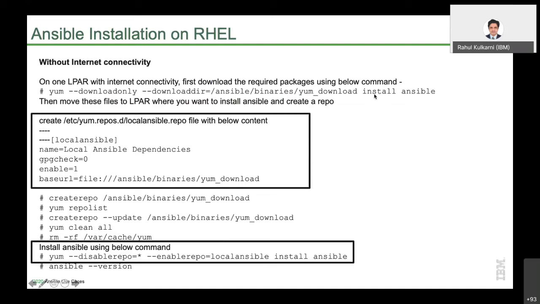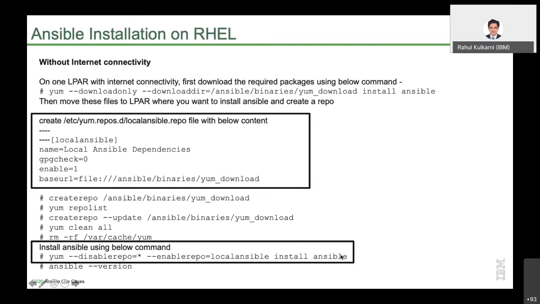You need to copy all those binaries to the Red Hat system where you want to install Ansible, and create a local repo by giving that location as the target location. This will create a local repo, and then install Ansible using yum install ansible.